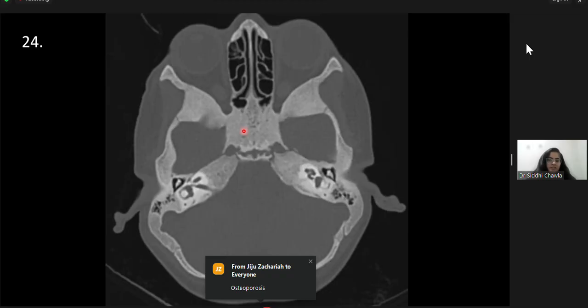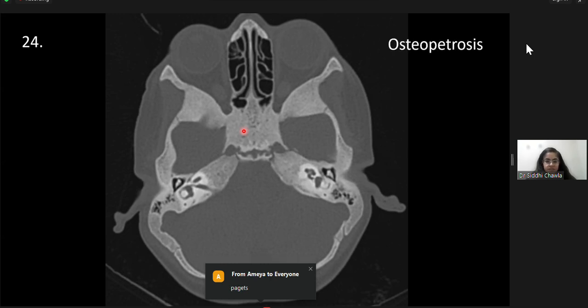So what are we dealing with here? We have a generalized disease which is affecting the bones. The bones are appearing sclerotic. Now give me a diagnosis. Right. So people have answered it is osteopetrosis. You can see the sclerosis of all the bones in your picture, and that is why the diagnosis was osteopetrosis.